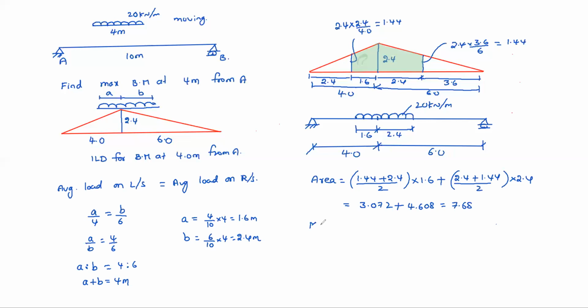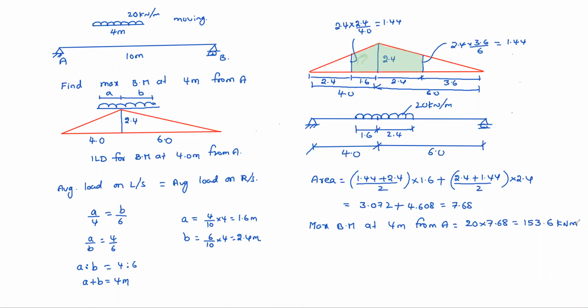So maximum bending moment at 4 meters from A equal to intensity 20 into 7.68, that is 153.6 kilonewton meters. That is the maximum bending moment at 4 meters from A.